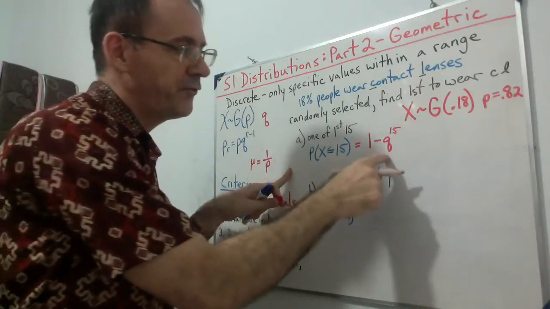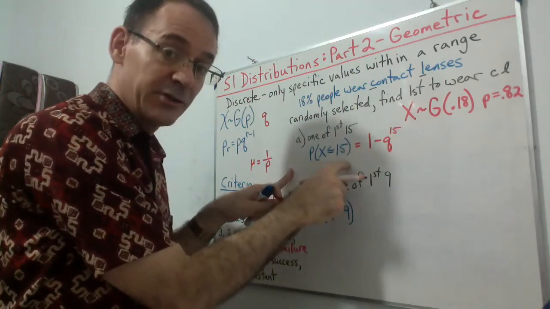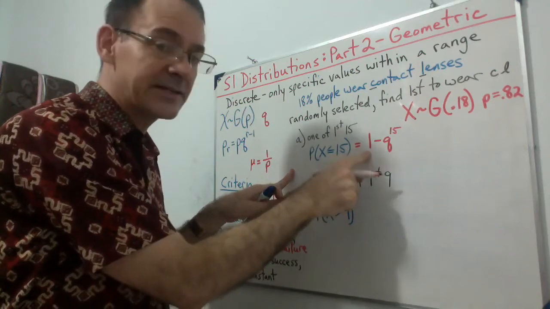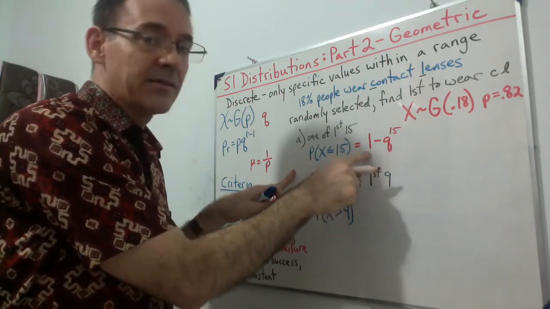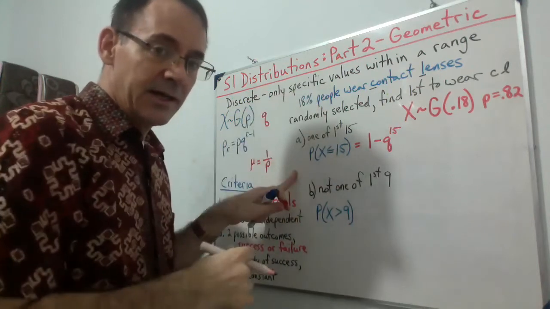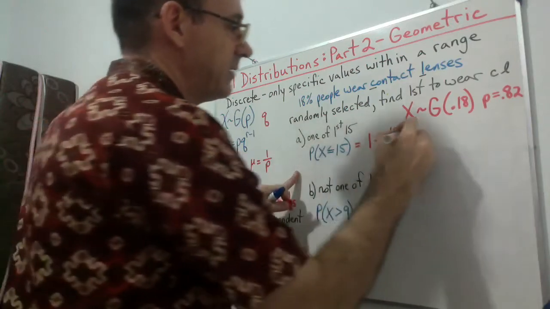So if we do 15 failures, that would represent the first 15, fail, all 15 times, and subtract it from one, that should represent all the probabilities of a possible success being anywhere between 1 and 15.